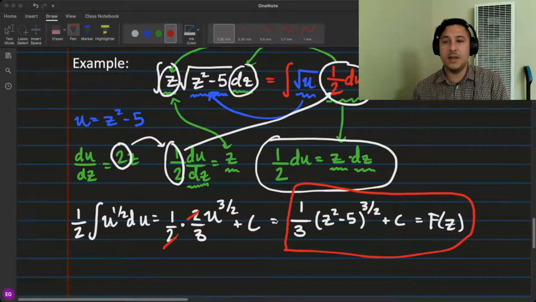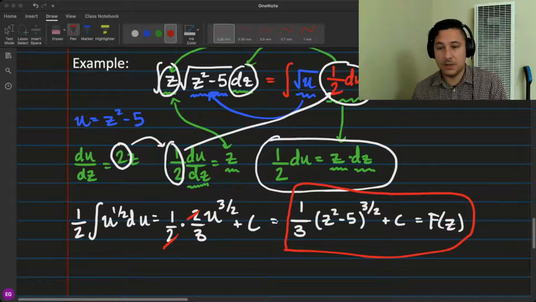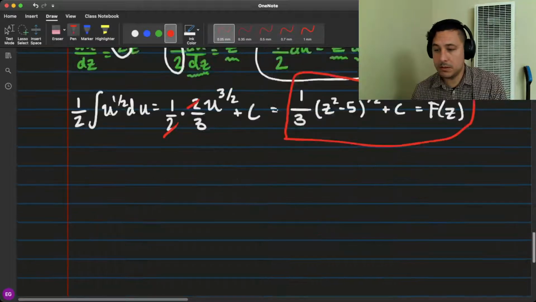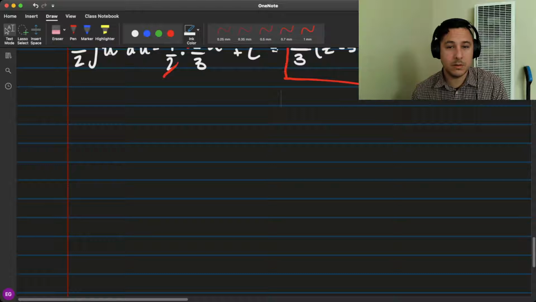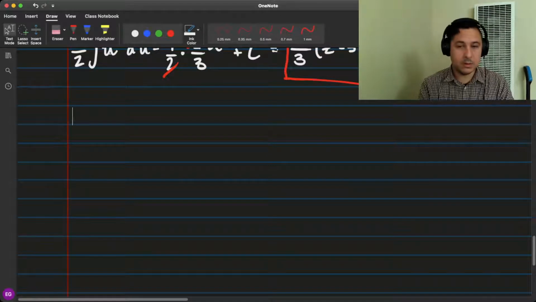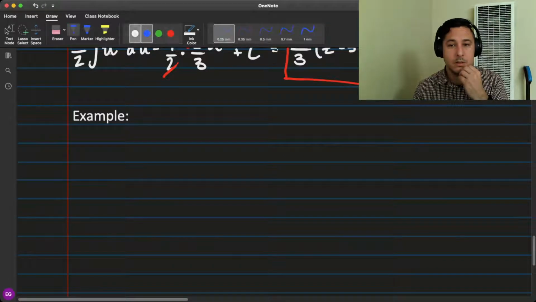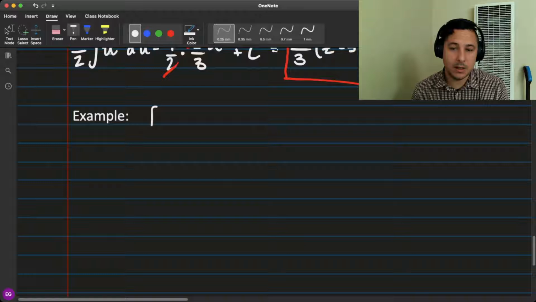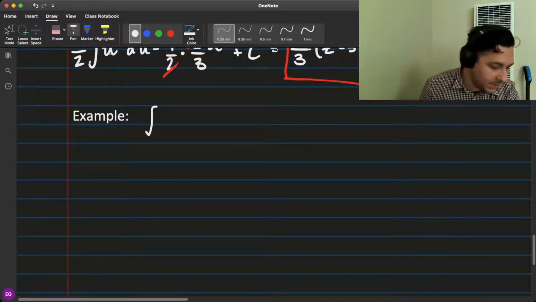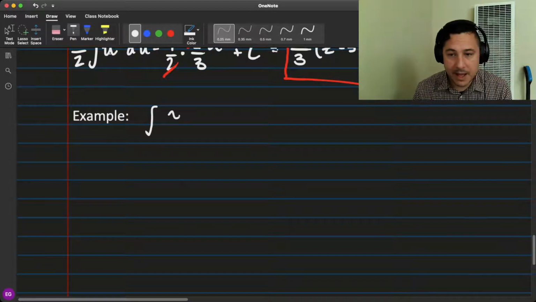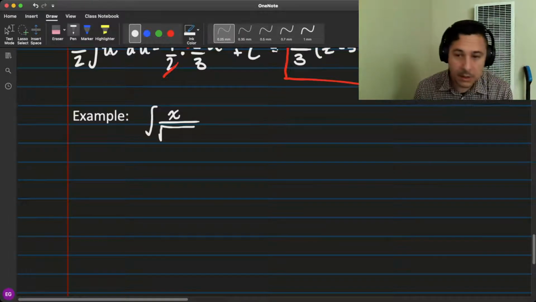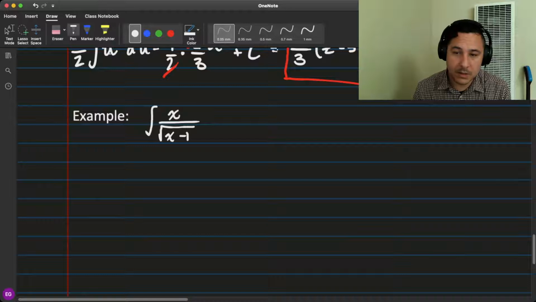So sometimes you have to be creative about the substitutions and what you do. So example, let's say that you've decided you want the antiderivative of x divided by the square root of x minus 1 dx.